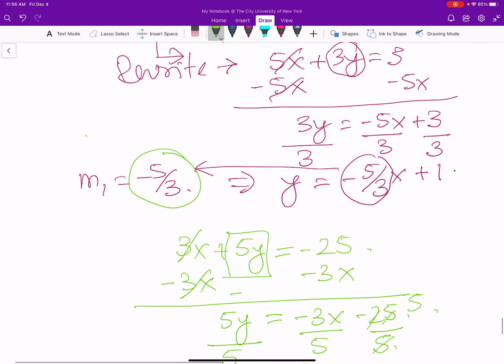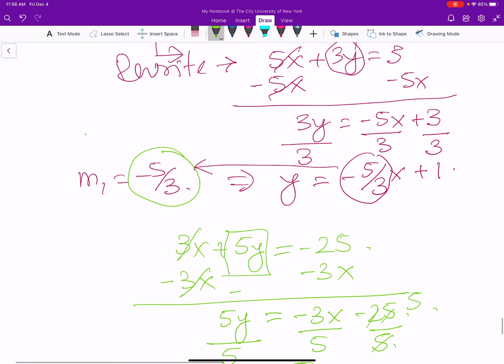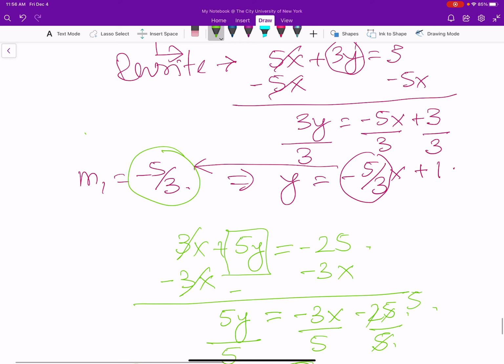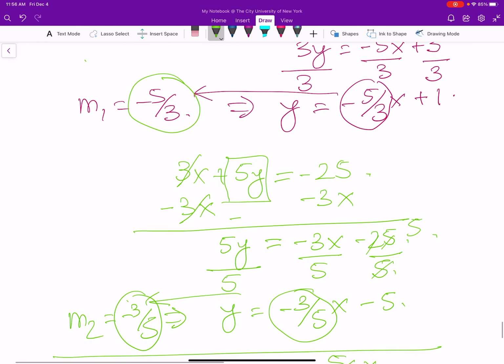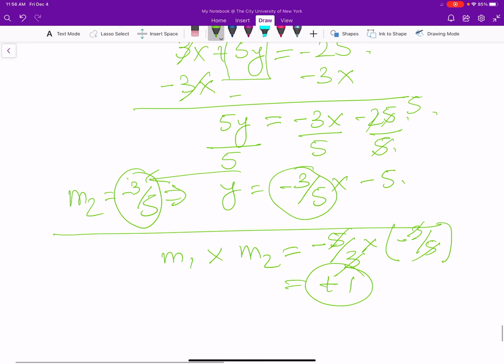Both of them are negative, because that was 5x and 5y, so it has to be negative. So if both are negative, the product goes up, but gives a positive 1. If it is positive 1, they're not perpendicular. It has to be negative.